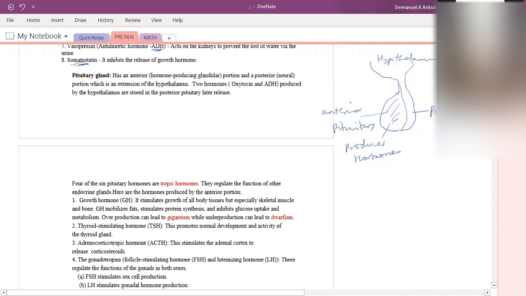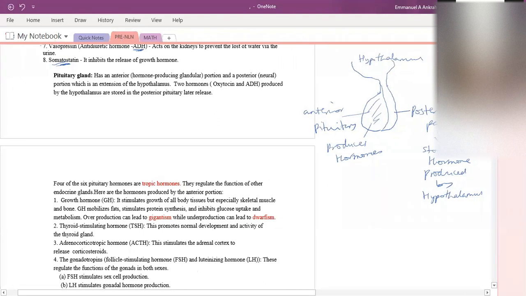It just stores hormones produced by the hypothalamus. That's what it does. It stores hormones produced by the hypothalamus. Okay, so remember these two things.